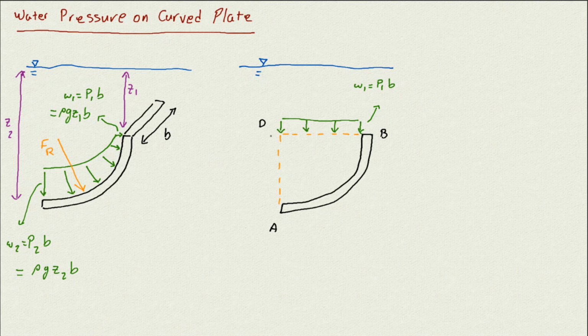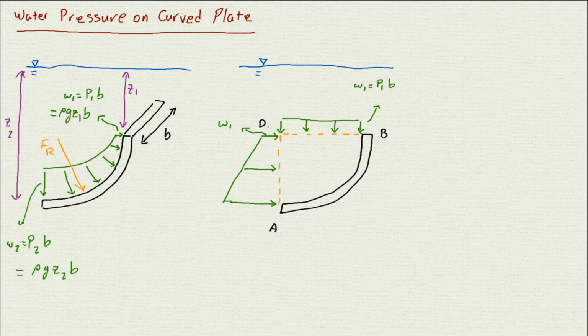Also, we have the horizontal pressure applying here. And that horizontal pressure is going to be like that. It starts from here and linearly increases to here. So we'll have something like that as well. And this one on the top is going to be W1.